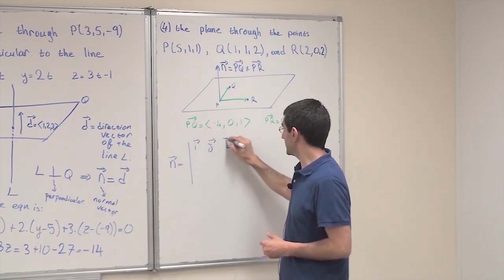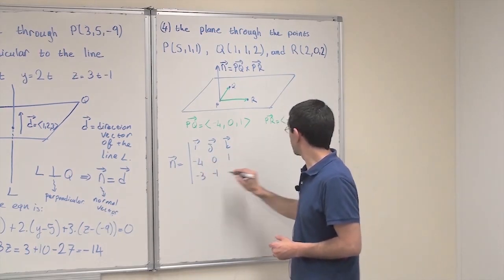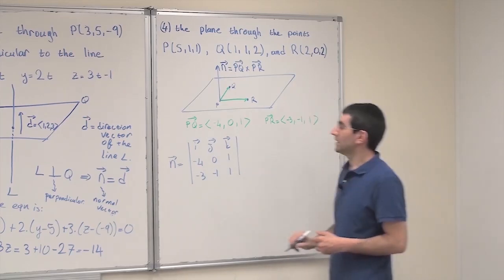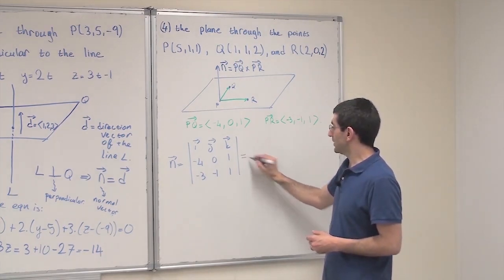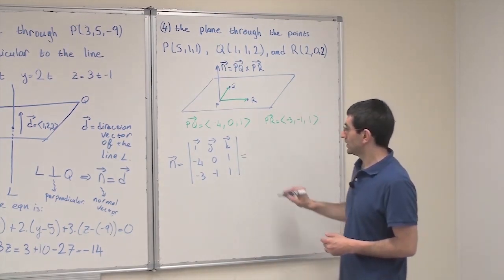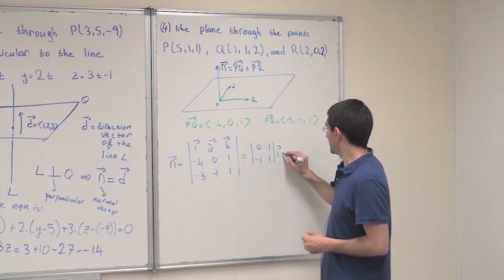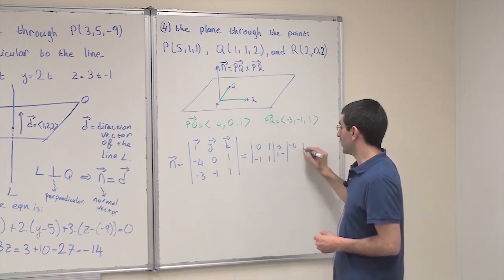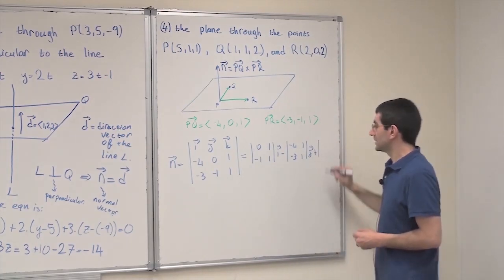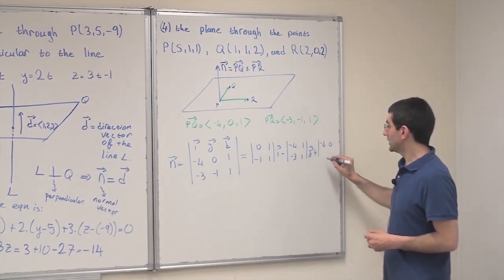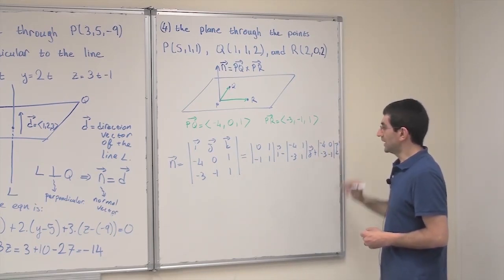We have the unit vectors i, j, and k. Then I copy in each row one of the vectors. So I expand this with respect to the first row. We have 0, 1, negative 1, 1, i, minus negative 4, 1, negative 3, 1, j, plus negative 4, 0, negative 3, negative 1, k.